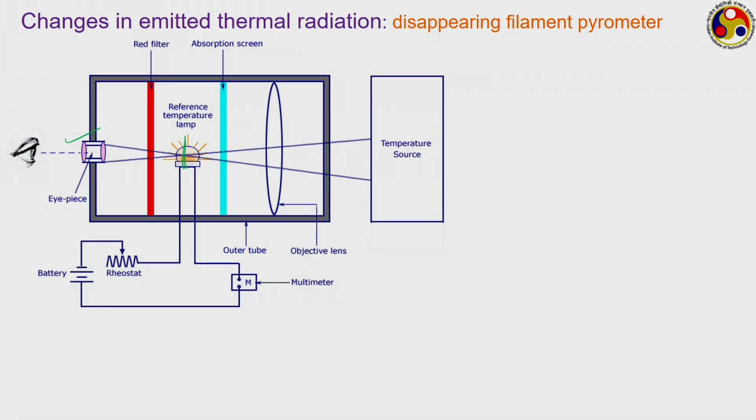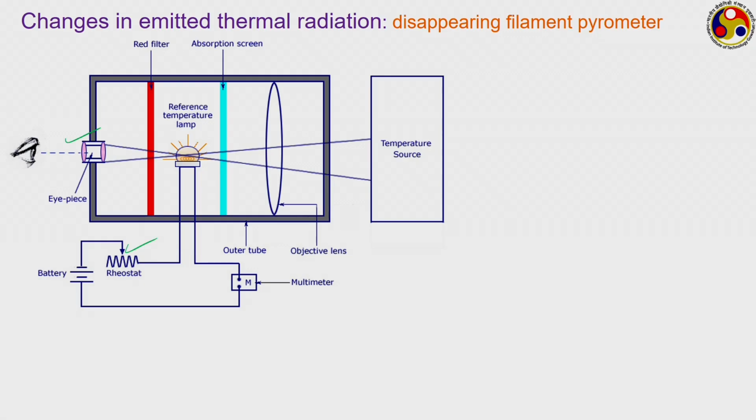The eyepiece generally is adjusted so that the filament and the temperature source are seen on the same line. Now, the temperature of the filament can be changed by changing the setting of this rheostat. So, accordingly the emission from this filament can also be modified. We can easily increase or decrease it.